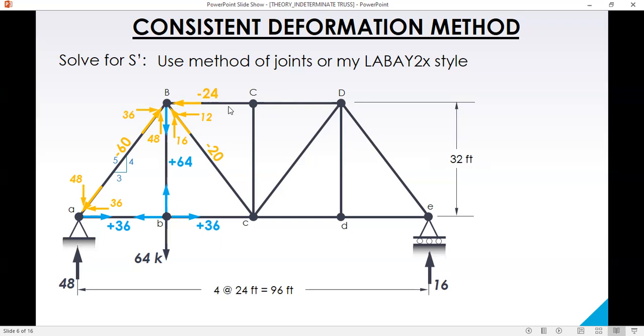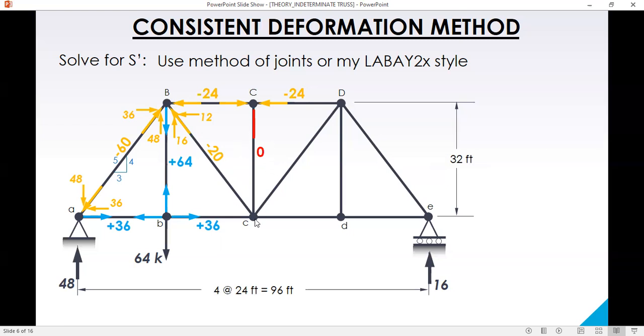After this, transfer to C, labay, compressive. And to balance this force, CD must be compressive also. Same magnitude, 24. And at joint C, there is no other vertical force except CC. So this must be equal to 0.